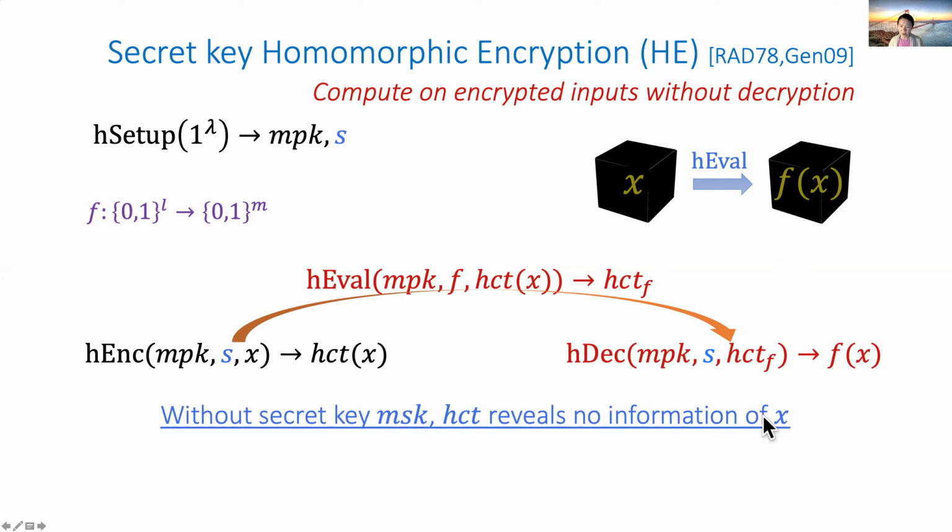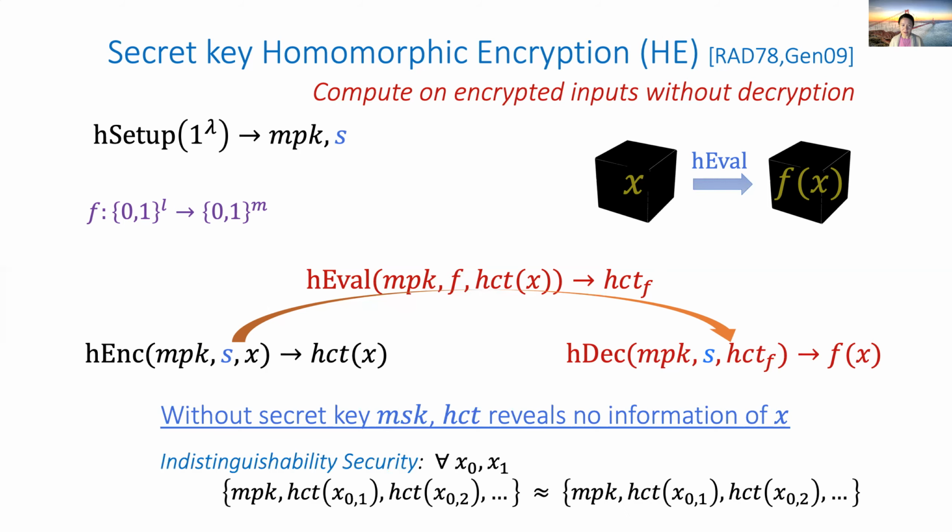Note that this holds even if one can homomorphically evaluate lots of different functions and obtain ciphertexts for lots of different outputs. The point is that all these outputs are still encrypted and their ciphertexts reveal no information about the input and the outputs alike. This security notion is again formalized through indistinguishability, requiring that ciphertexts for different inputs remain indistinguishable.